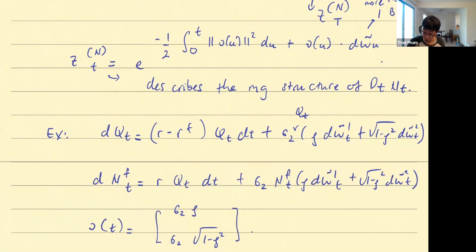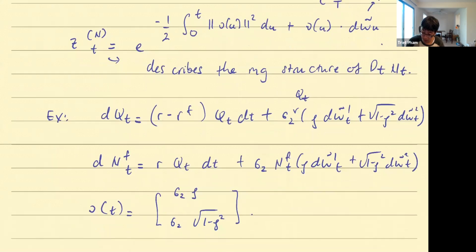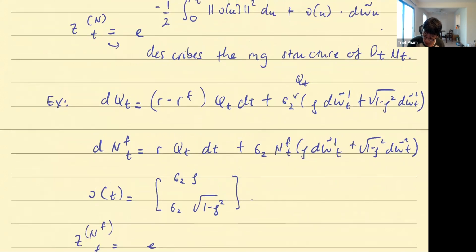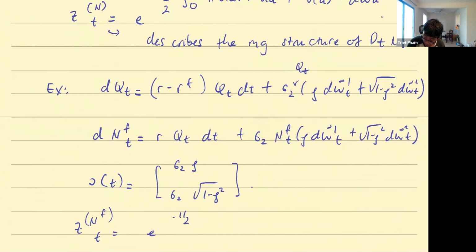Is that okay? So your Z^N_F will be e to the minus 1/2 sigma_2 squared times t, plus sigma_2 rho W tilde 1_t plus sigma_2 times square root of 1 minus rho squared W tilde 2_t.